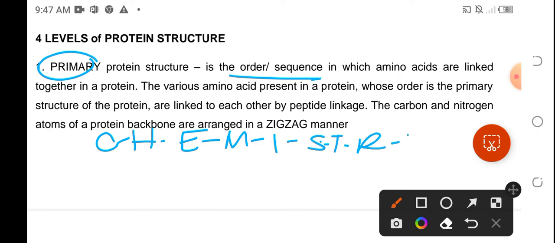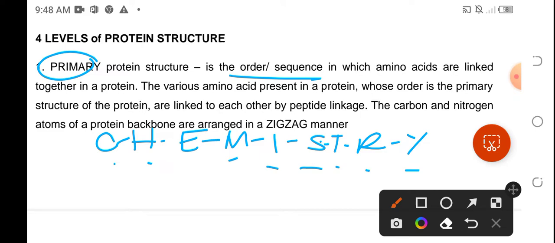CHEMISTRY, okay, so ano ulit yung letter C? Cysteine, then we have E as glutamic acid, and then we have M as methionine, I for isoleucine, S for serine, T for threonine, and then we have R for arginine, and Y for tyrosine.